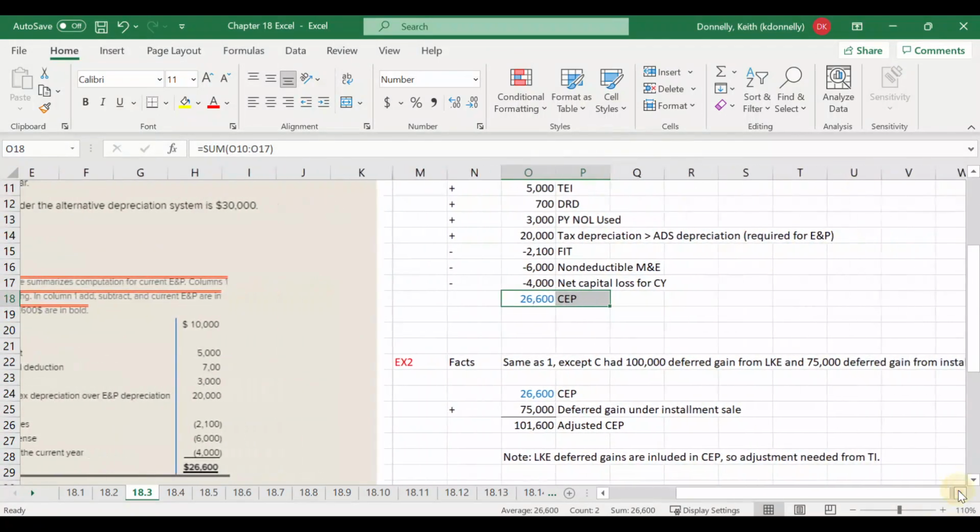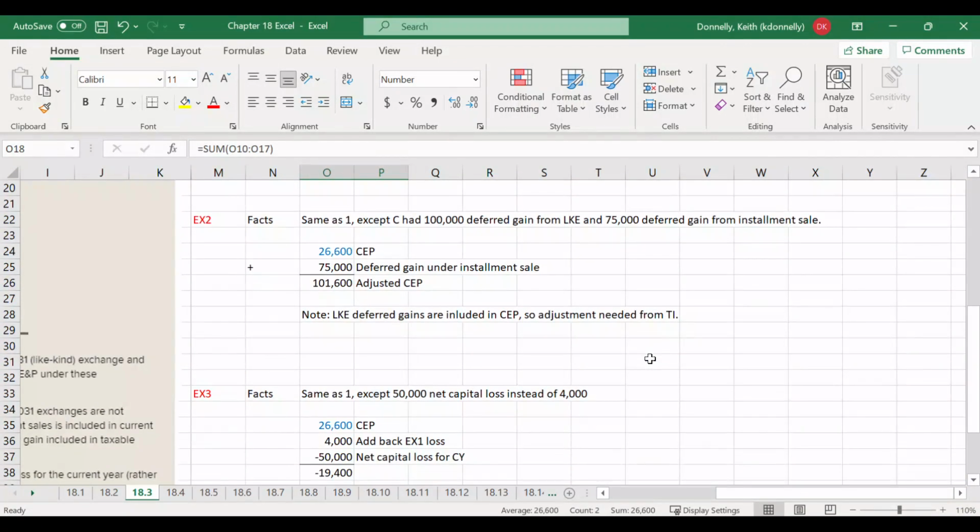Now, example 2 here, this is basically the same as example 1, except let's assume that there was a $1,000 deferred gain from a like-kind exchange, and $75,000 was deferred from the gain from the installment sale. Well, basically what we're doing here is on our tax return, we recognize 25 and deferred 75.